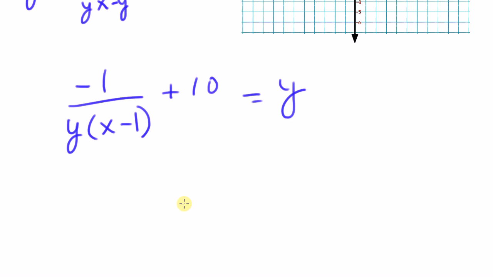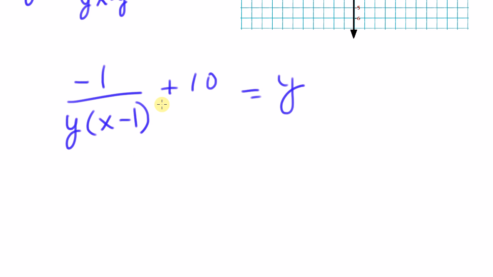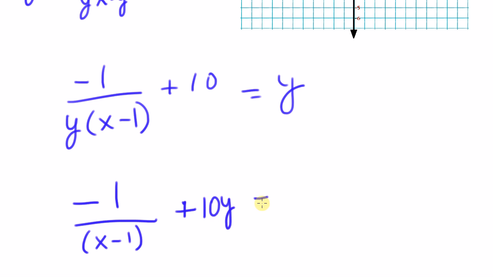And then I'm going to multiply everything by this value. Alright, so let's see here. If I multiplied everything just by y, just to see what happens here, I get negative 1 over x minus 1 plus 10y is equal to y squared.